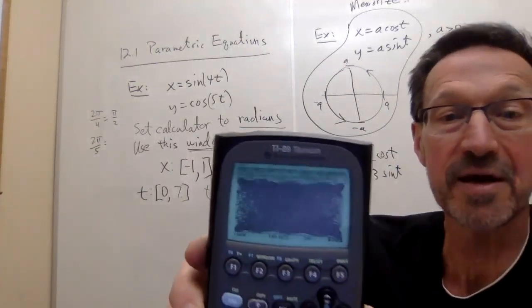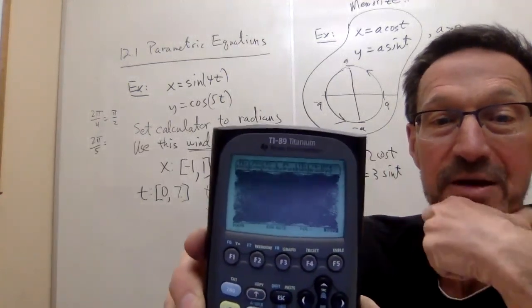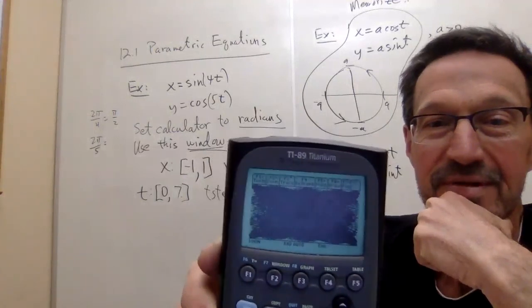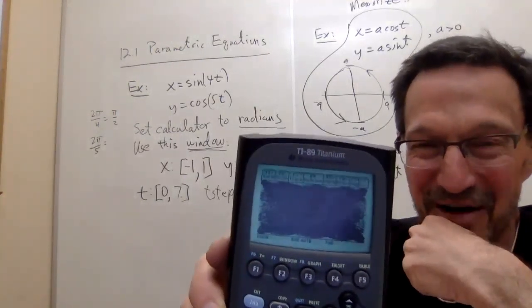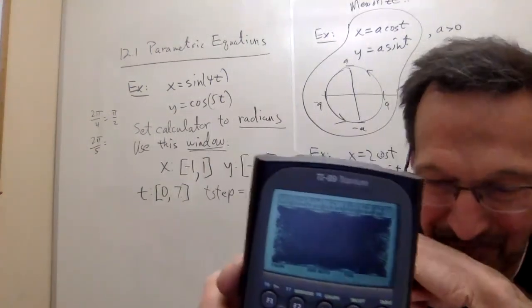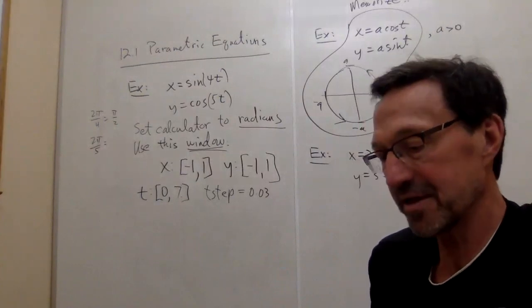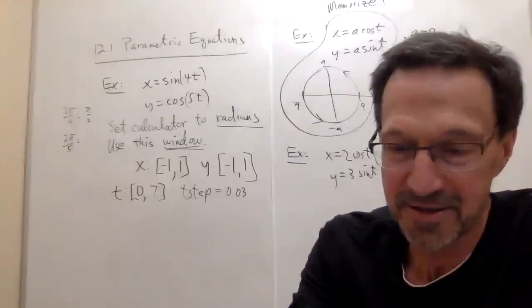I think right over there, that busy should go away when it's got all of them applied. There. So there are some semblances to the graph we got, but it's totally worthless. So there's a sweet spot for t-step. See if you can find it on your calculator. 1 is definitely way too large.